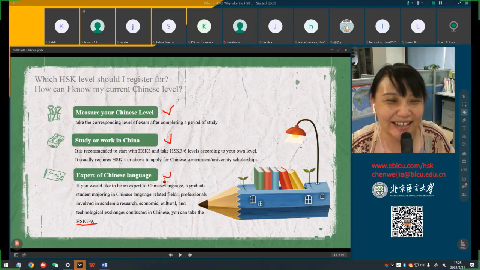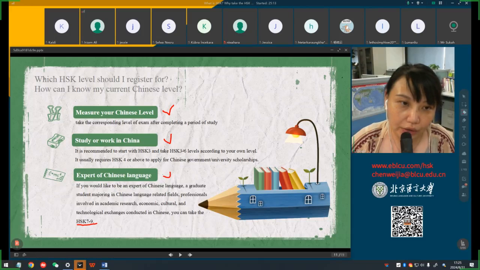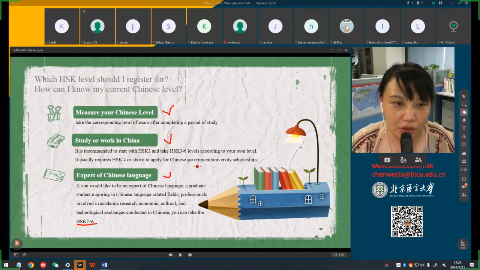That is to say, if you are just for daily usage, for work or for living or for studying in China, usually HSK 1 to 6 is enough. HSK 7 to 9 is for professional usage of the language.